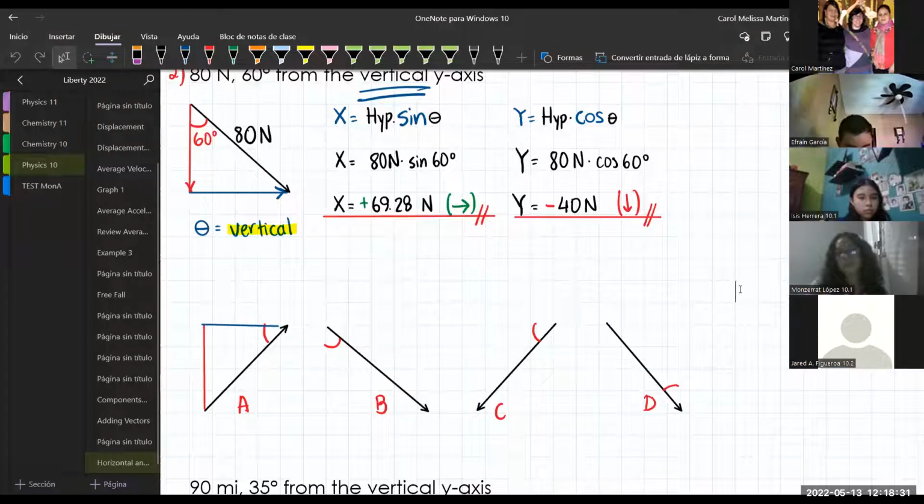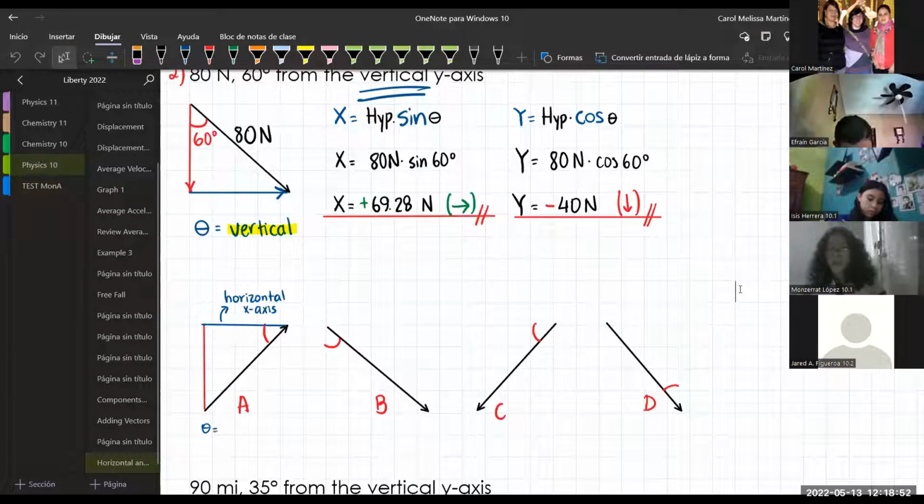What axis is the angle touching, X or Y? X. This is a horizontal, okay? Therefore, it's touching your X axis. Therefore, the angle here is horizontal angle. In the second vector, I'll do the same. I will complete the triangle.